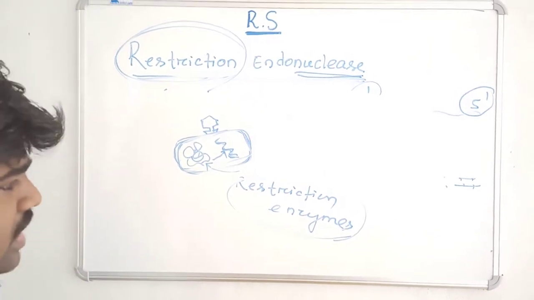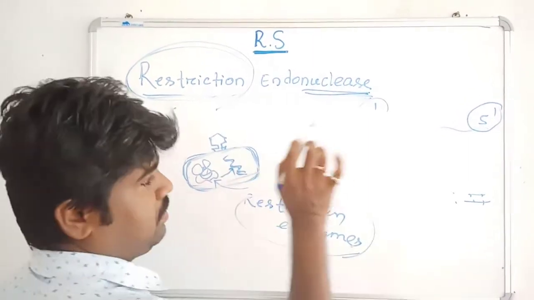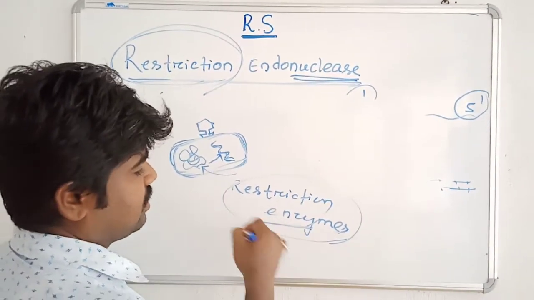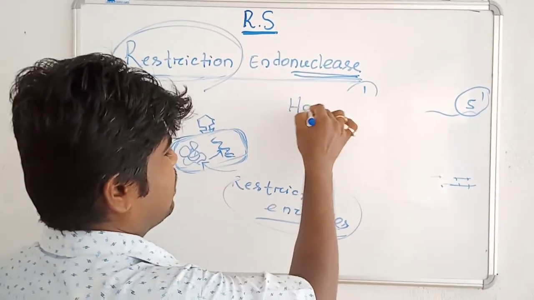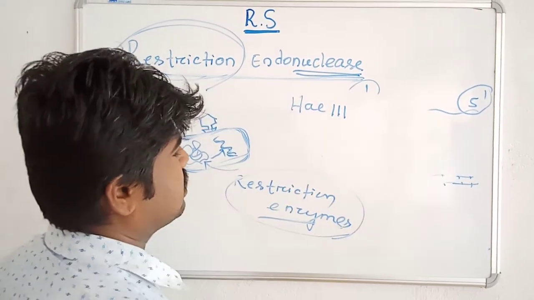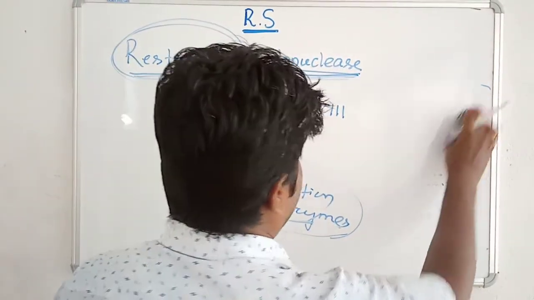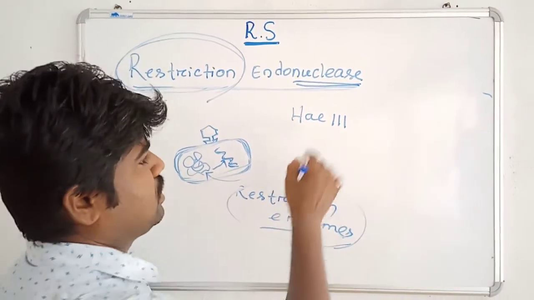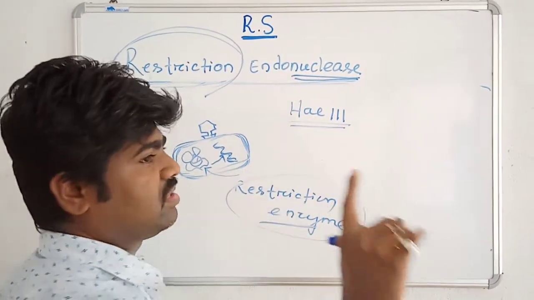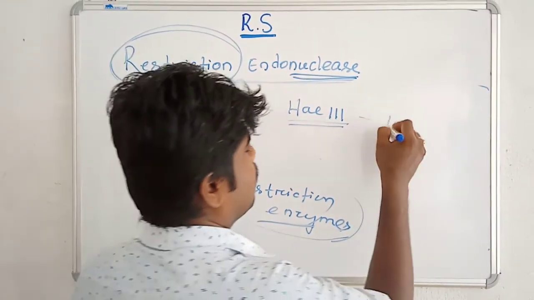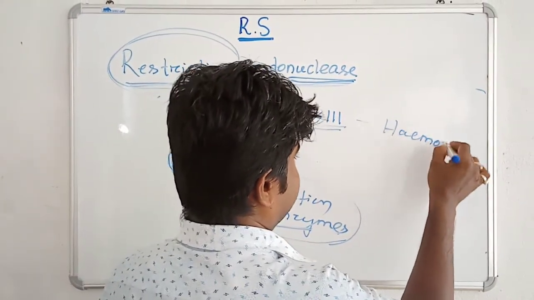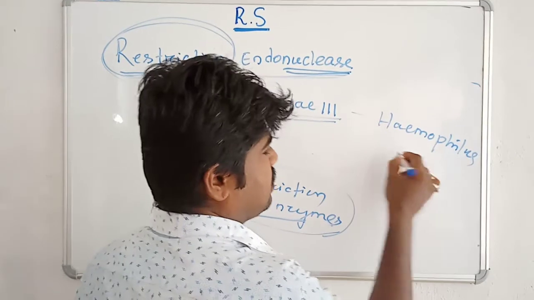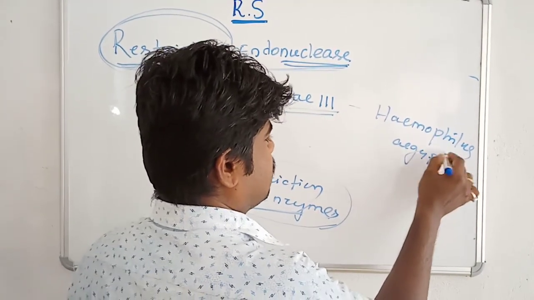So I'm giving one example. One of the restriction enzymes is named HindIII. I will talk about the nomenclature of this enzyme later. Now this HindIII enzyme is derived from the bacterium Haemophilus aegyptius, right?